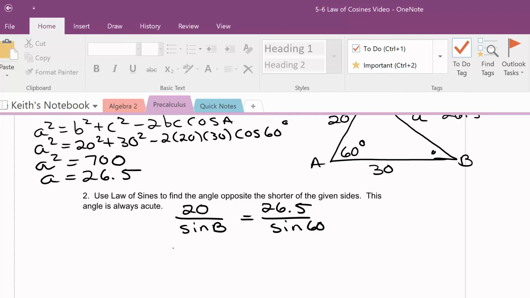So when you cross multiply, 26.5 times sine B equals 20 times sine 60. Then you divide by 26.5.